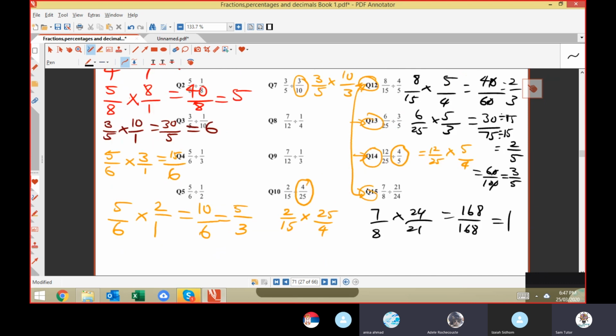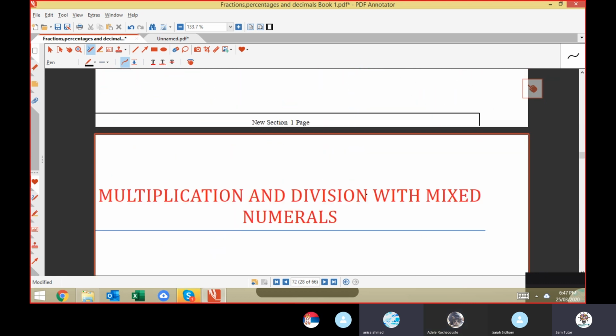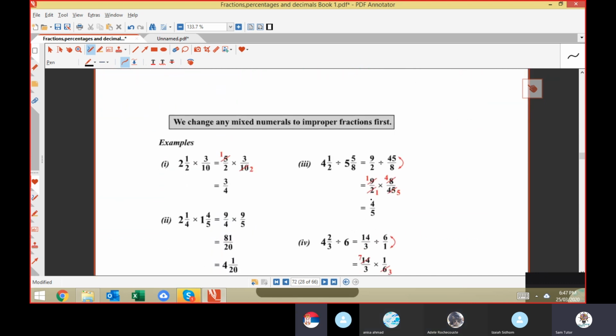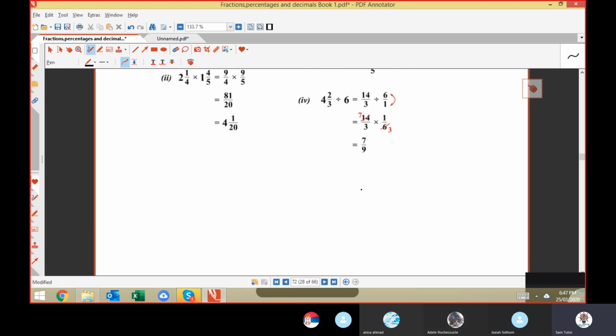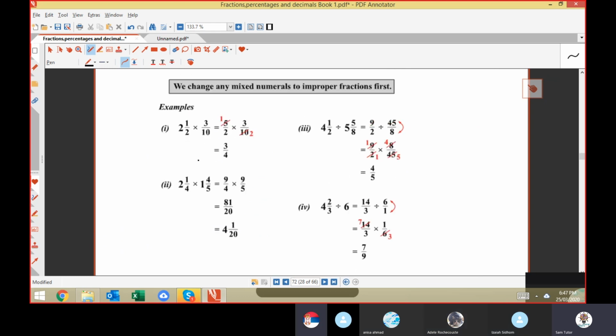Kahoot time. Wait, let me just see what we've got to do first. Okay, well, this will be done for homework. You're multiplying and dividing with mixed numerals this time. So what do we have to do first? We change any mixed numerals to improper fractions first.